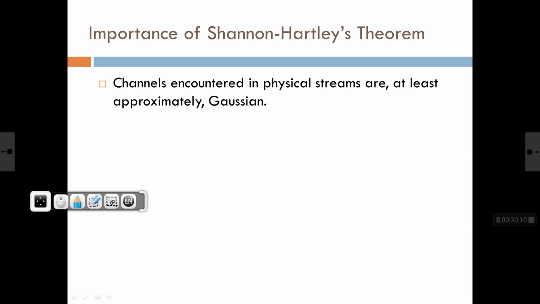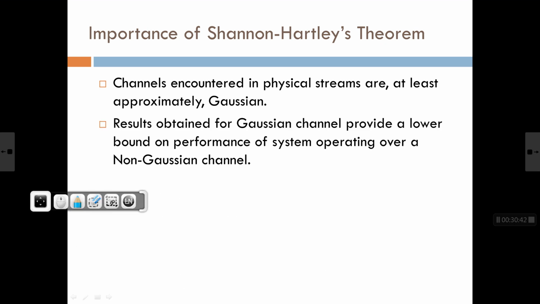Because channels encountered in physical systems are at least approximately Gaussian. So most of the channels in a communication system behave almost like a Gaussian channel. That is, the noise in the channels will most of the time be Gaussian noise. Therefore, the channels are Gaussian channels, if not 100%, then at least approximately.